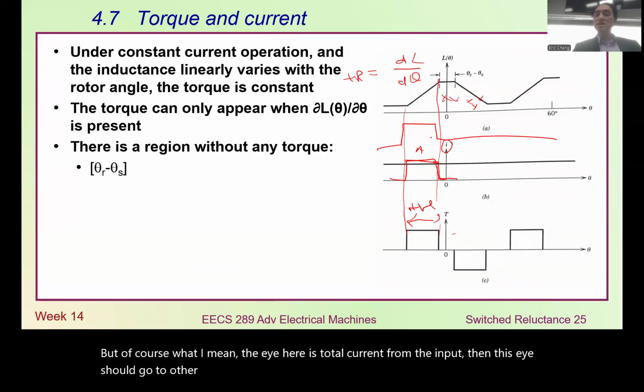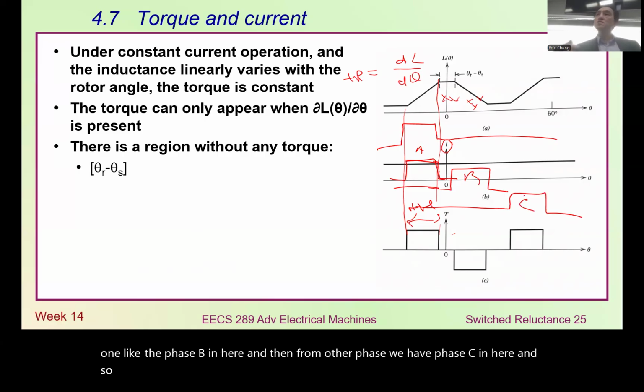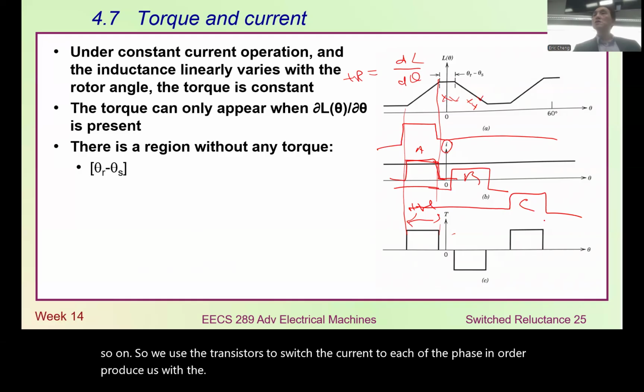So for some phase A in here, we should have another one like phase B in here, and then phase C in here, and so on. So we use the transistors to switch the current to each of the phases in order to produce all the torque in each of the phases.